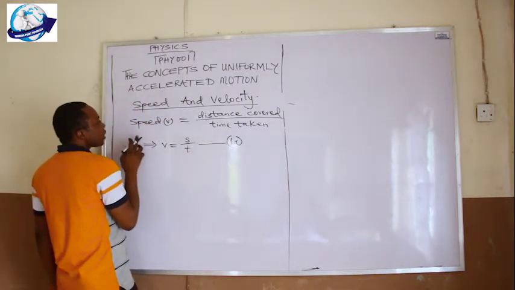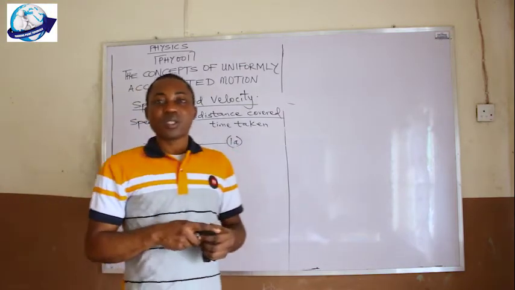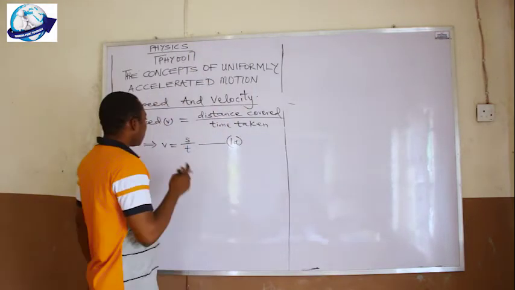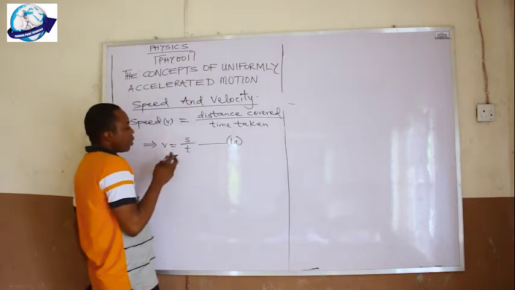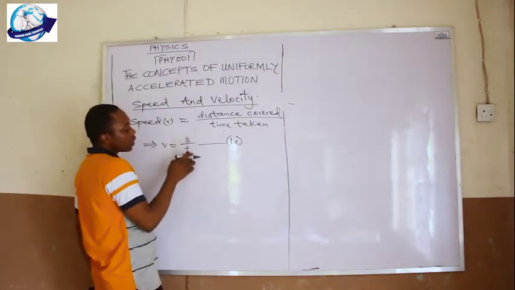Now, in the case of the units for measuring speed, the unit is based on what we have in this relation. Speed is distance covered over time taken.